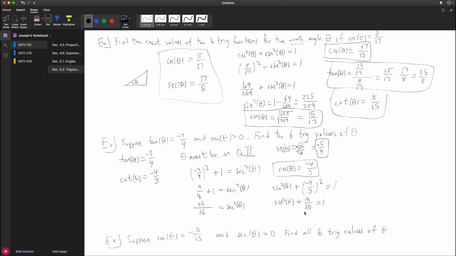So sine squared theta equals 1 minus 16 over 25, which is 9/25. And so sine of theta, well, we have a choice. Is it the positive or negative square root of 9 over 25? Well, it's right here. Sine has to be positive, right? So it's the positive square root. And then cosecant comes for free.